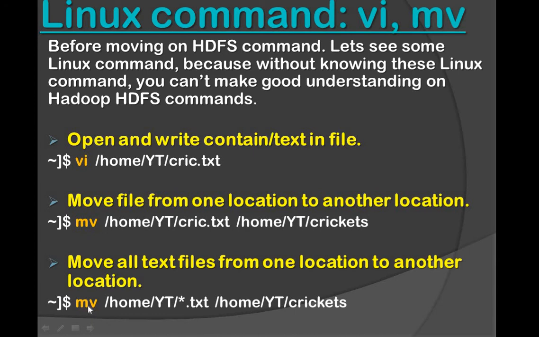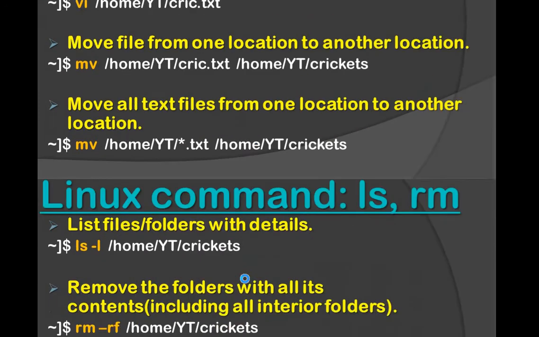I use mv space slash home slash yt slash star.txt space slash home slash yt slash crickets. So it is going to move all text file within yt location to crickets location. Like this way we can move the text file of a folder to another folder. So guys, let's move to the next things.